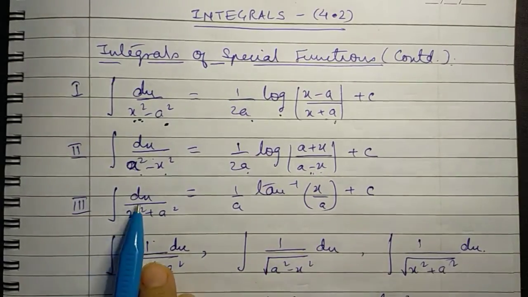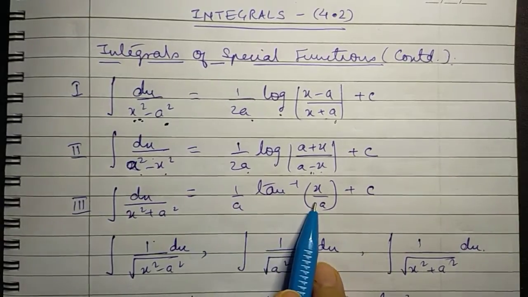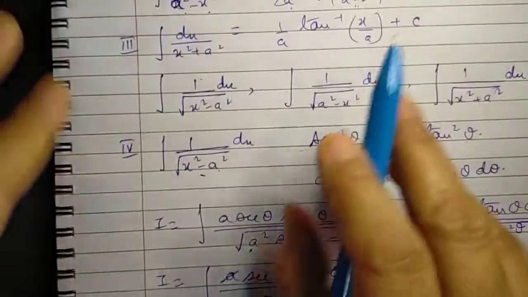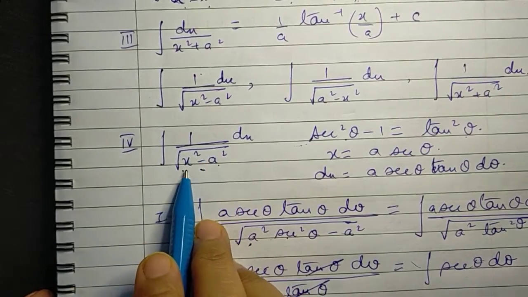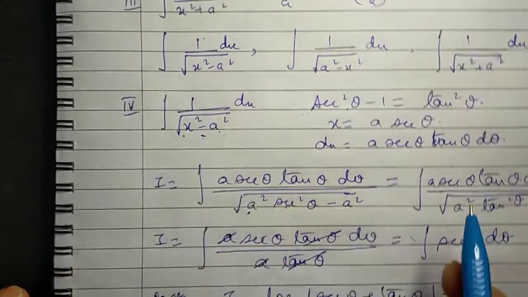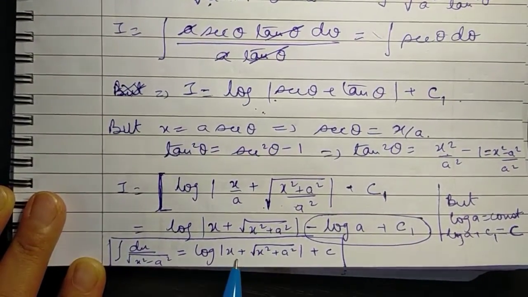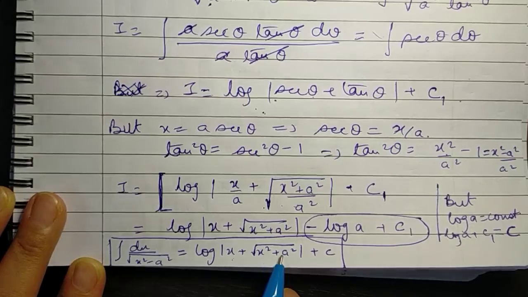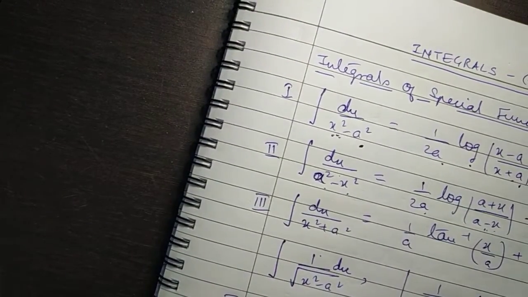The third one was 1 upon x squared plus a squared, which is 1 upon a tan inverse x upon a. And today we have done 3 more results, that is the integral of 1 upon under root of x squared minus a squared comes as log of modulus of x plus under root of x squared minus a squared plus a constant.